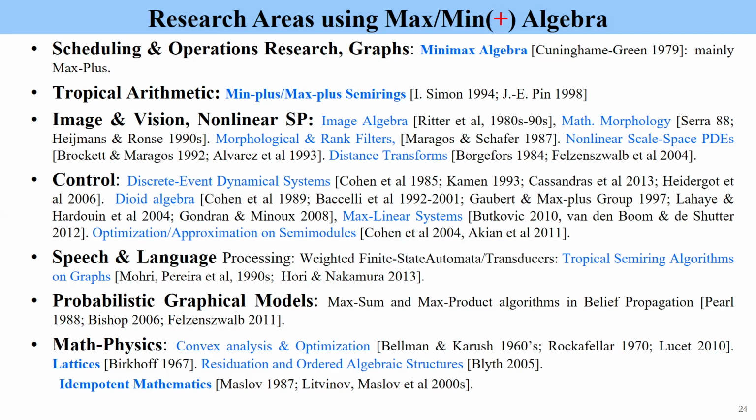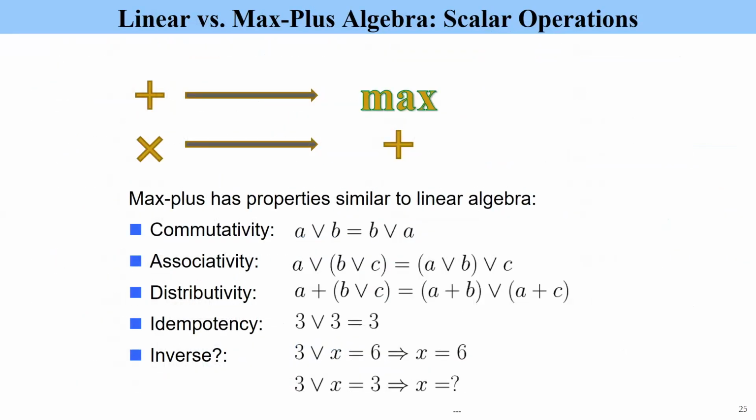For example, the group by Maslov, Litvinov, and their colleagues in idempotent mathematics, plus the convex analysis and optimization areas. As I said before, linear algebra versus max plus algebra.